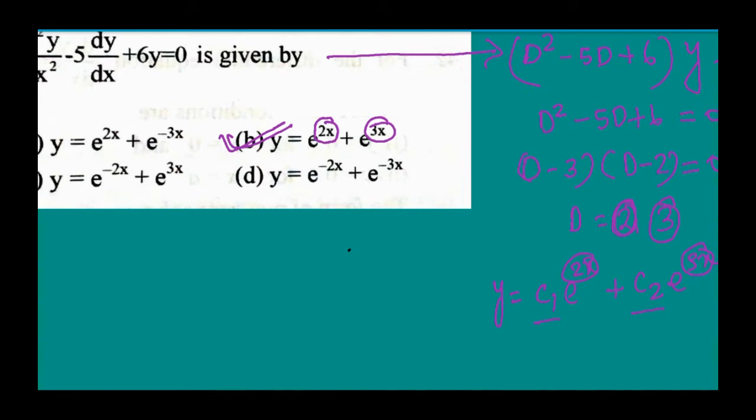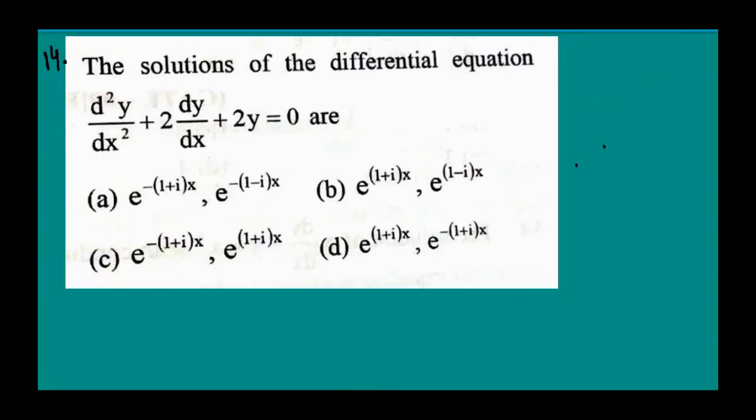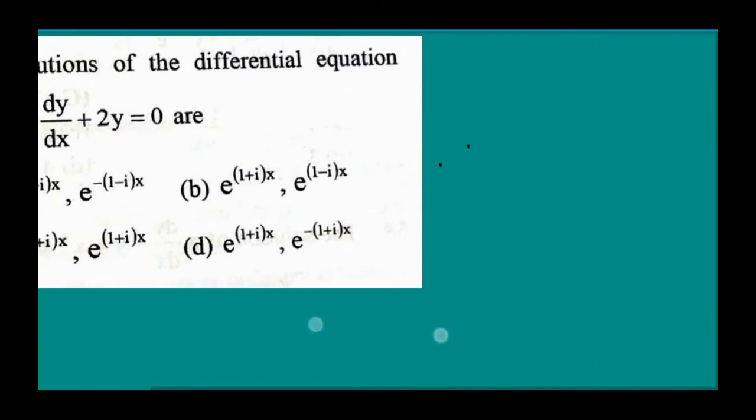So next question, question number 15, the solution of the differential equation d square y by dx square plus 2 dy by dx plus 2y is equal to 0 is. And this is the second format. How is this the second format?